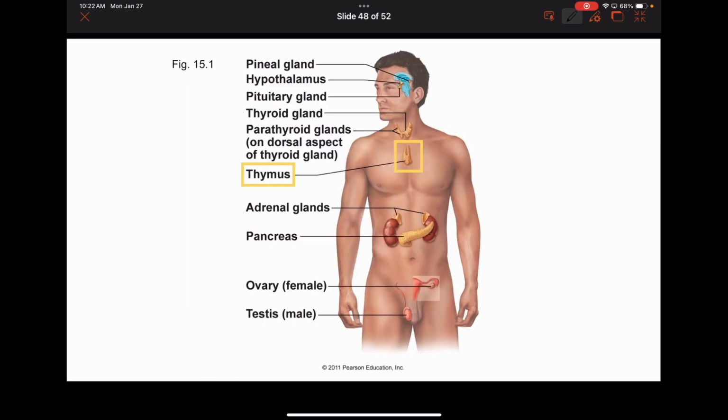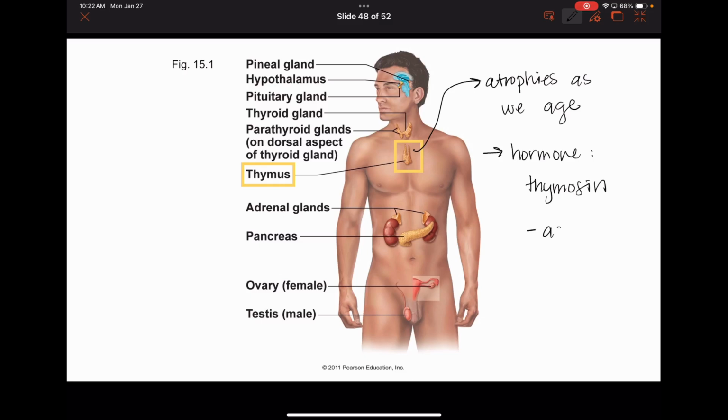Your thymus, again, remember the thymus gland is only found on the infant model because your thymus atrophies as you age. The hormone it produces is called thymosin, and its job is to activate our T cells.